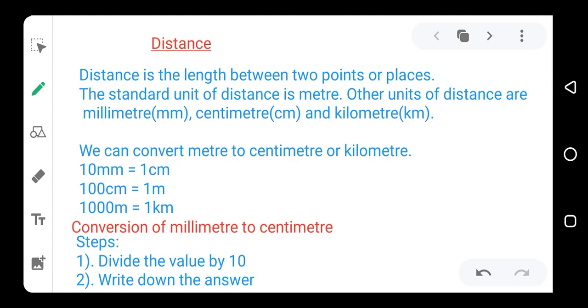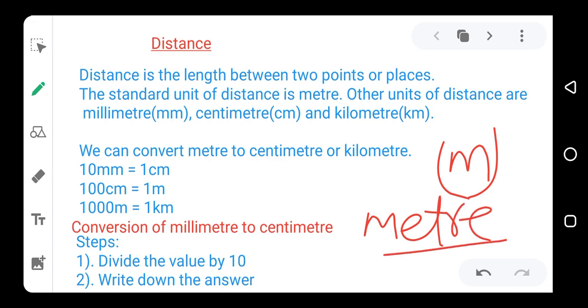The abbreviation for meters is just M. So instead of writing meter in full, you just write M. If you want to write 1 meter, you write 1M. If you want to write 2 meters, you write 2M. If you want to write 3 meters, you write 3M. If you want to write 4 meters, you write 4M, and so on and so forth.